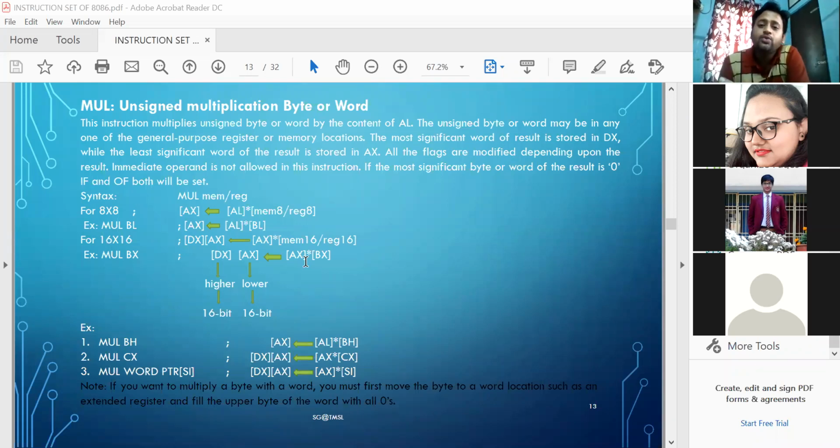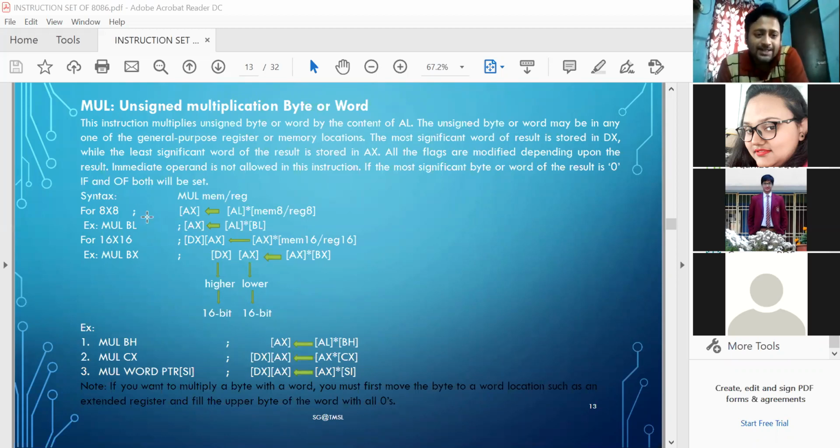So you need to store the result in two parts: lower 16-bit in one 16-bit register, and upper 16-bit in another 16-bit register. That's why when multiplication is performed, the lower 16-bit result will be stored inside the AX register, and the upper 16-bit result will be stored into the DX register. It is automatically stored inside the registers in this way.